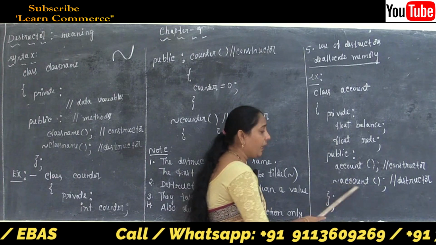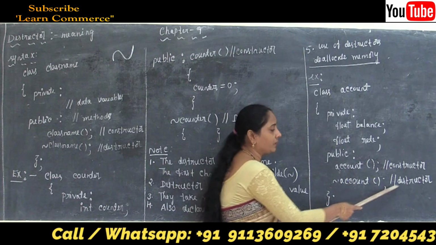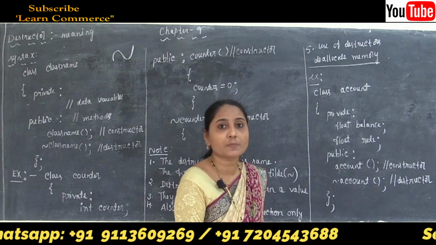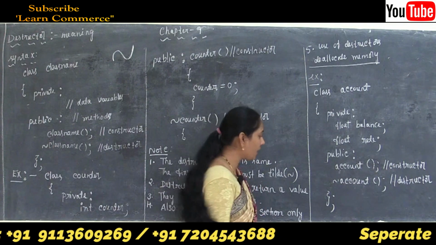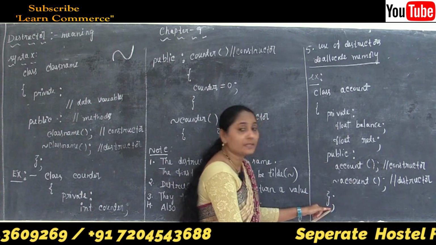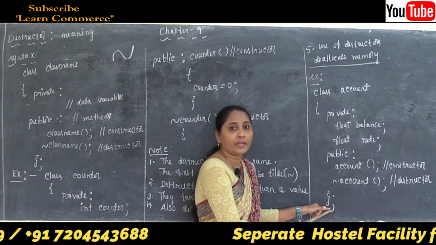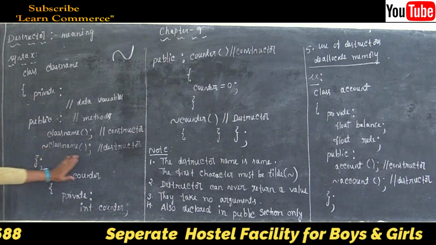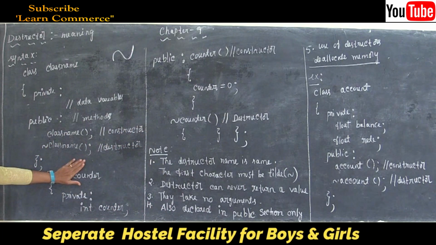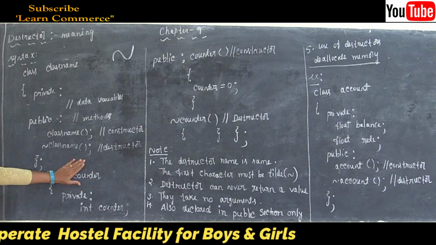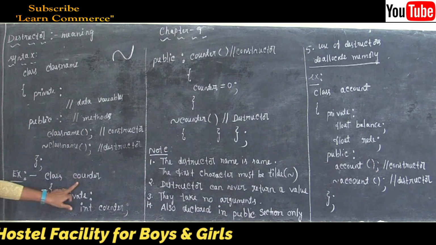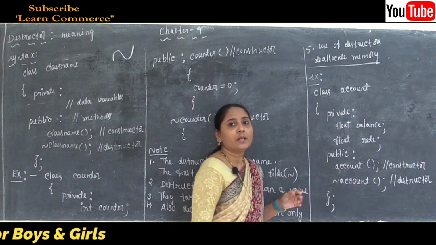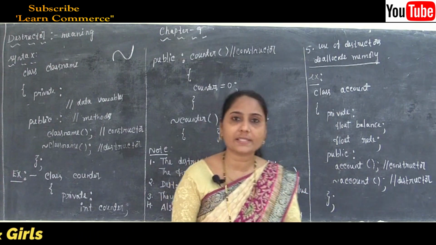So tilde account, open close, semicolon, this is the declaration of the special member function destructor, followed by the closing bracket and semicolon. You can use any example; you can write the destructor member function example using the counter, otherwise you can use the account. So this is a suitable example for our destructor. Thank you.